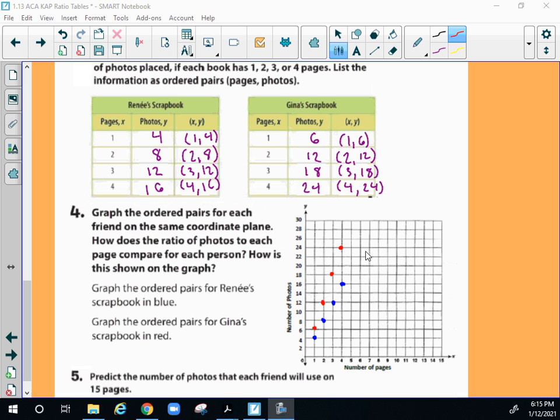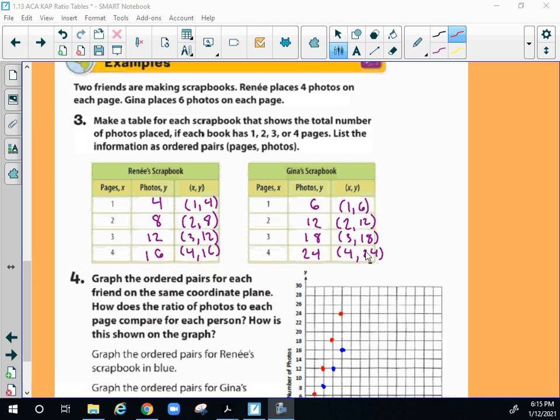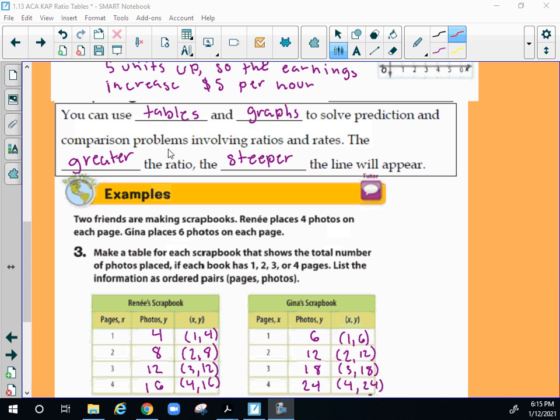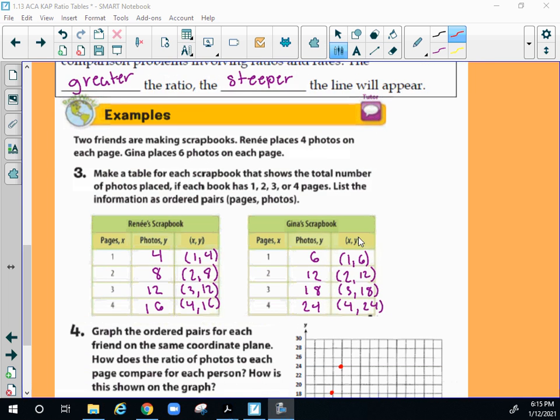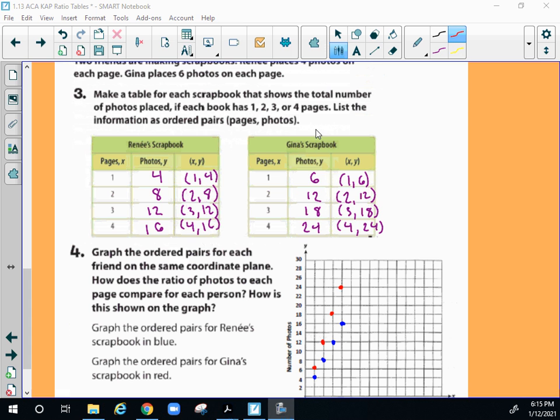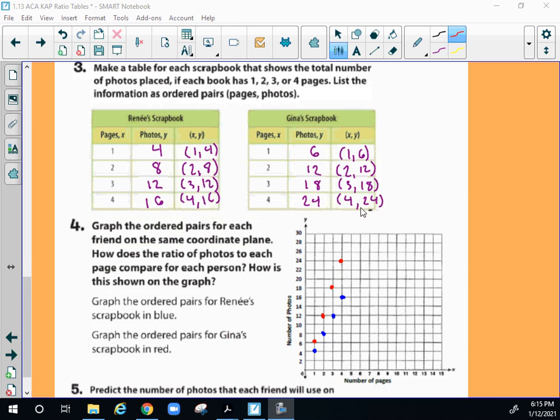All right, so if you notice, looking at our graph and looking at the notes from up here, it says that the greater ratio, the steeper the line will appear. So Gina has a greater ratio because she's putting more photos on the scrapbook per page.